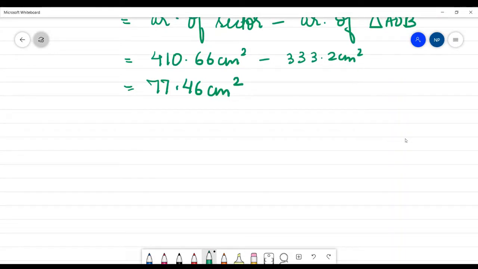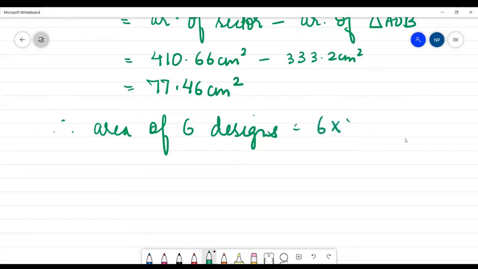Now if one design is 77.46 centimeters square, the area of 6 designs will be 6 into 77.46. You will get the answer as 464.76 centimeter square.